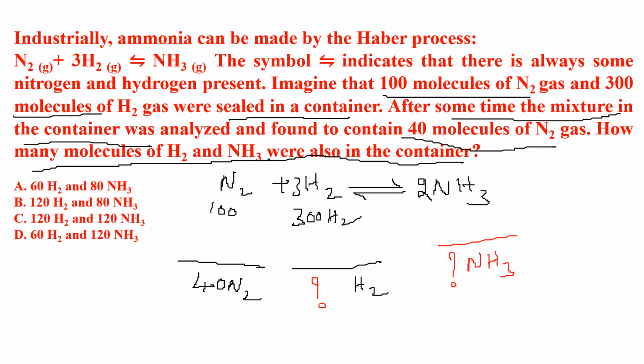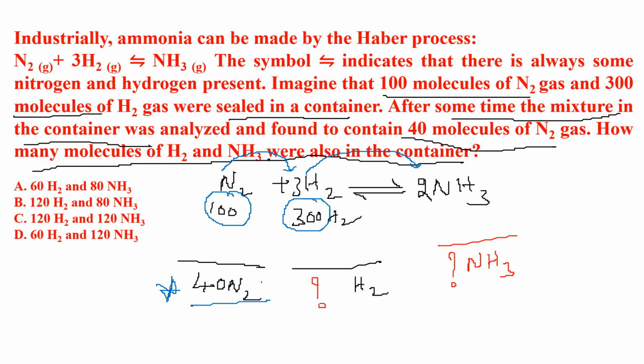So generally a chemical reaction means what, beta? Reactants react with each other to form products. That is the chemical reaction. So here 100 molecules react with 300 molecules naturally to form the respective products. But based on the information, 40 molecules are present in the container.